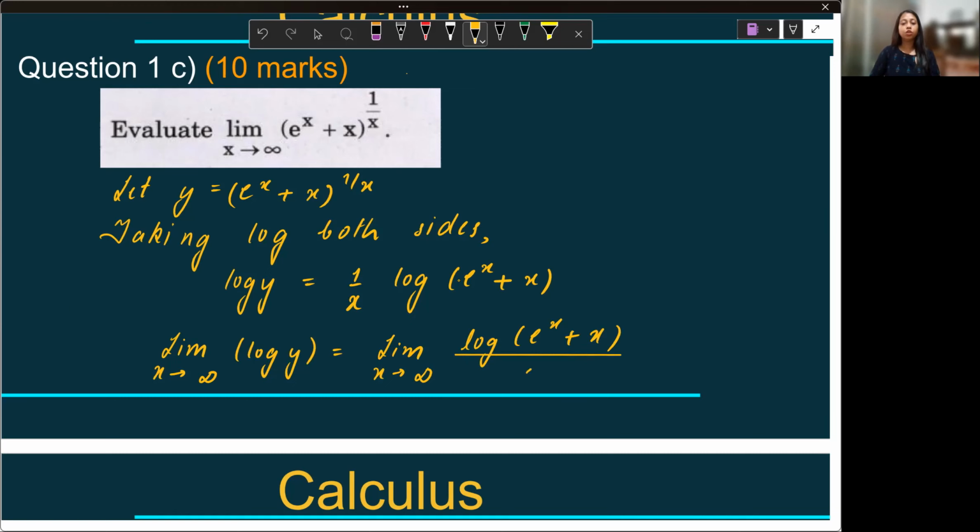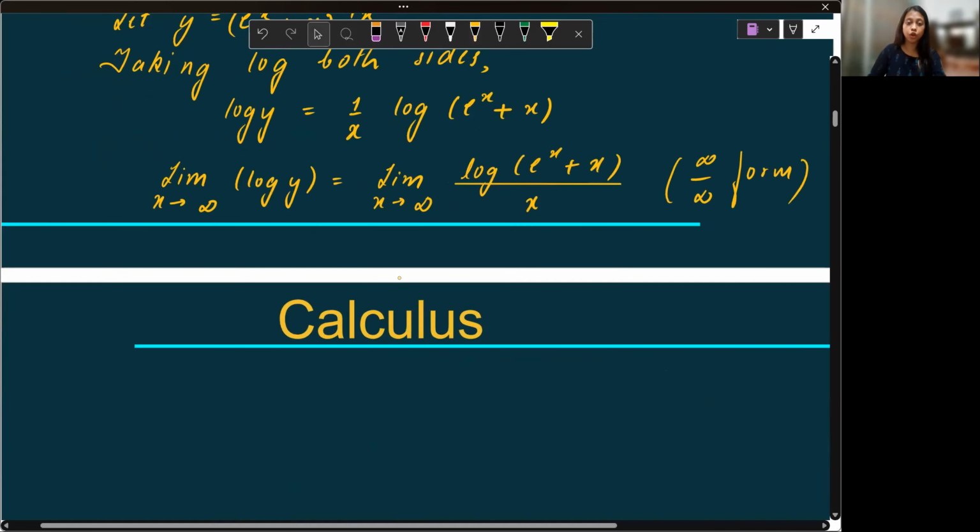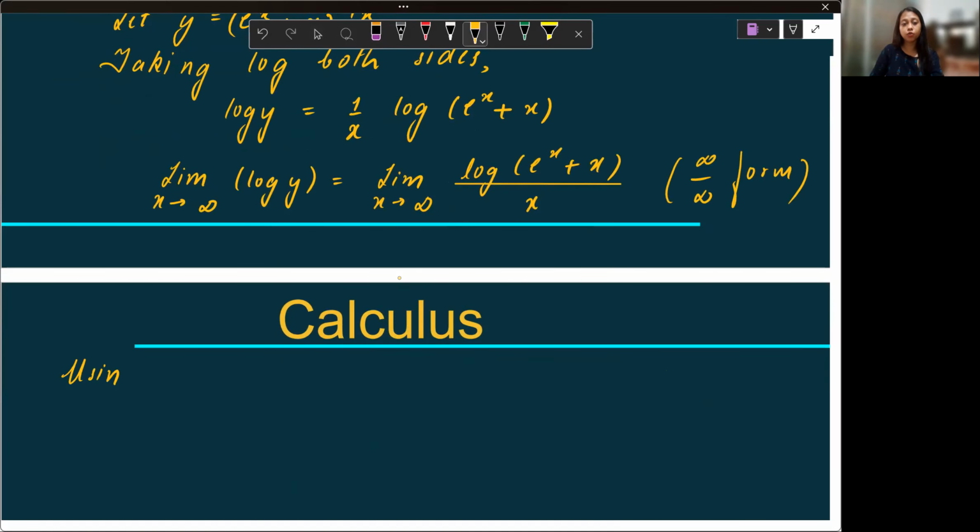If you directly substitute the limit, you can see this is log infinity by infinity. So it's infinity by infinity form. Whenever you have infinity by infinity form, 0 by 0 form, you apply L'Hopital. So using L'Hopital rule, we can say on the right hand side basically. So on the left hand side, we have limit x tends to infinity log of y.